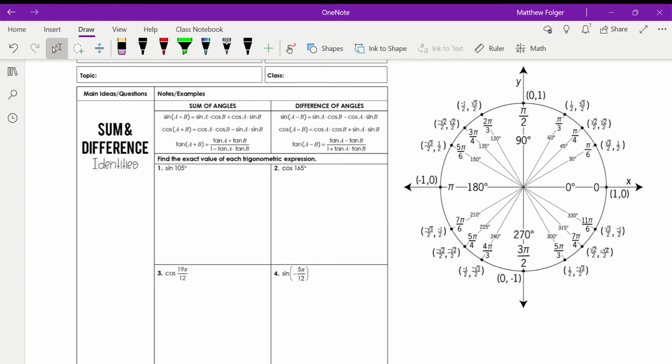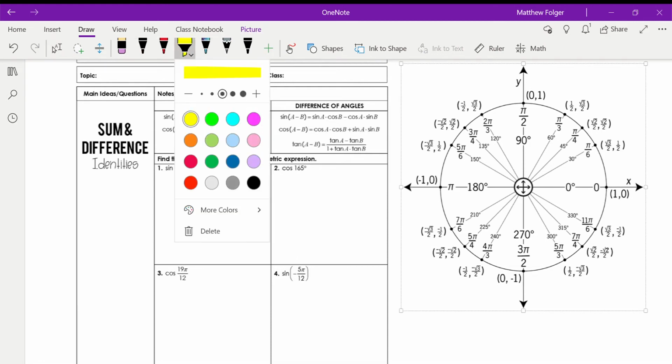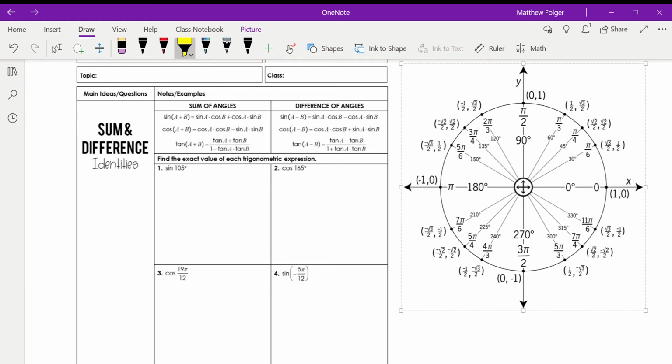So today what we're going to talk about is how to find the exact value of the sine or cosine or tangent of an angle that is not on the unit circle.